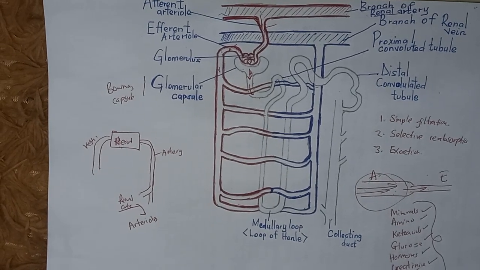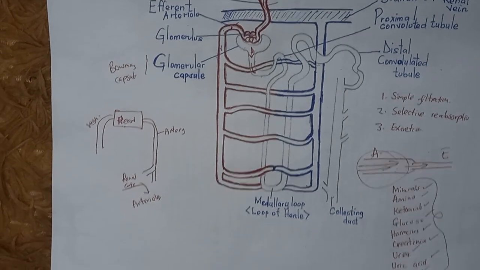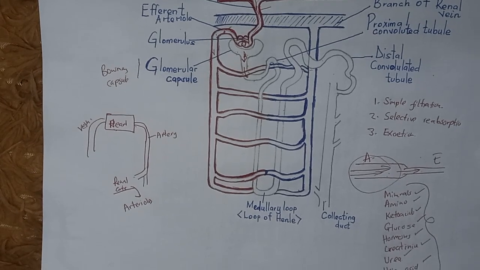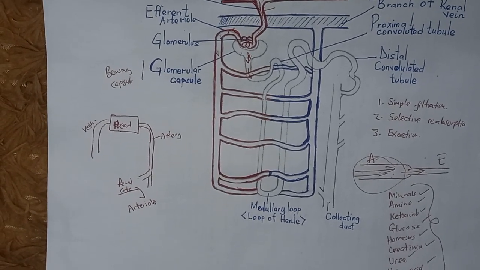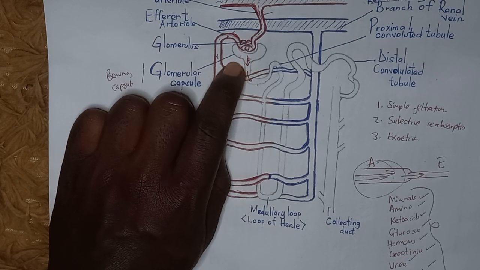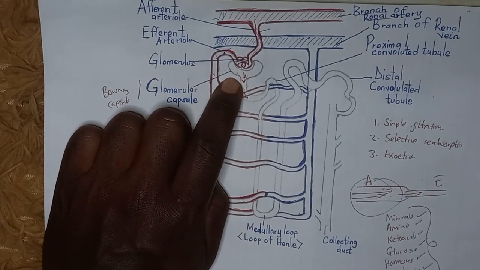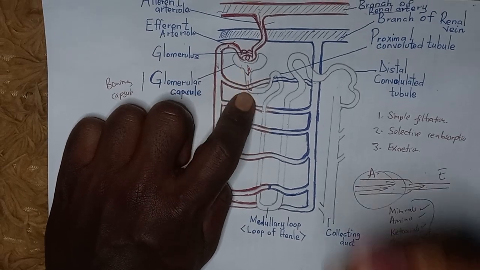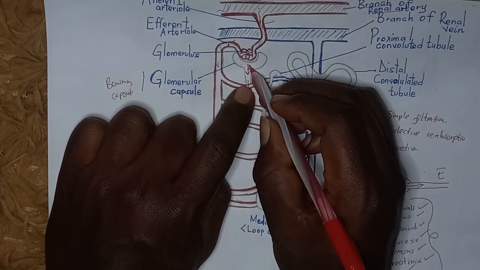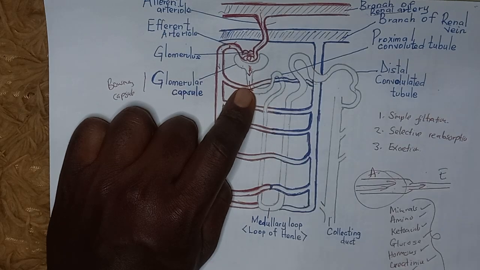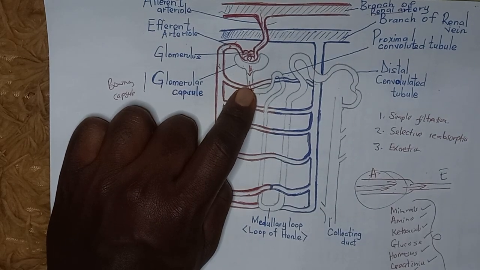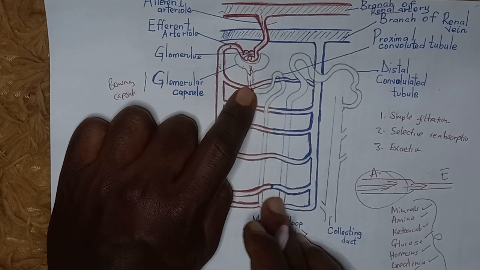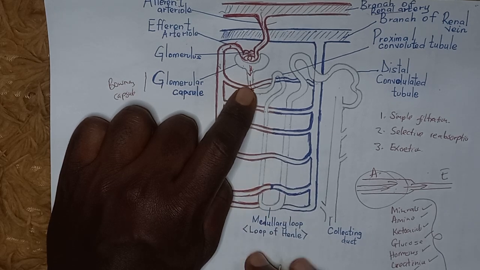This selective reabsorption is controlled by the hormones that are produced by the body. When the ultrafiltration takes place, there is a loss of materials to the Bowman's capsule. After that, the body responds by reabsorbing back the most important things. The first substances that will be reabsorbed are glucose and amino acids.